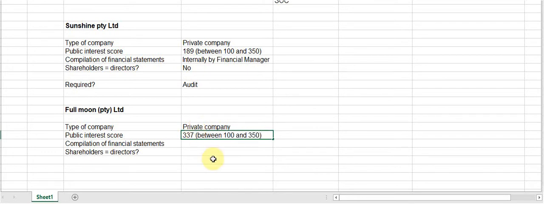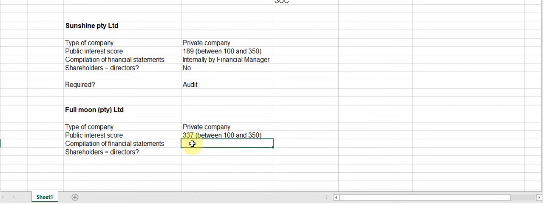So again, you need to remember how we calculate these public interest score points: you get 1 point for every shareholder, 1 point for every permanent employee, 1 point for every 1 million rand turnover, 1 point for every 1 million rand of creditors, short-term payments that need to be done. So that's how we get to this 337 and 189, etc. In this instance, they've already given it to you.